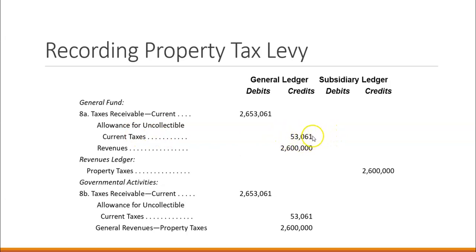This amount is based on historical information, where the city estimates a portion of their receivables are not going to be collected. We've recorded those things in the general fund, the revenues subsidiary ledger, and our governmental activities ledger.